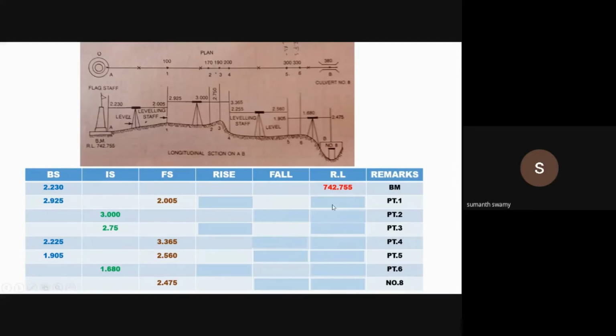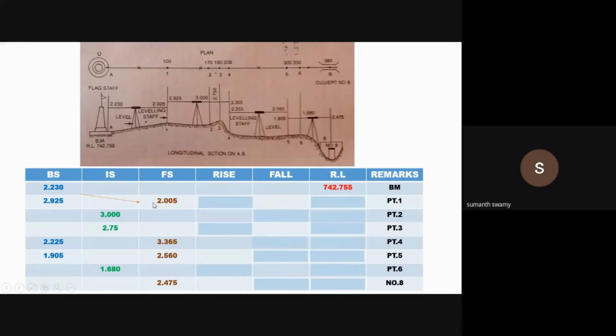The next thing is to calculate the RL of different points. It is done by using the RL of benchmark, backside taken on benchmark, and also the next foresight. Okay. So the difference should be taken between backside and foresight. That is backside minus foresight.